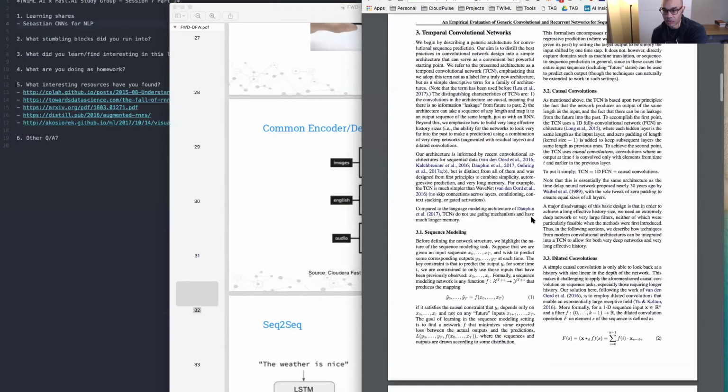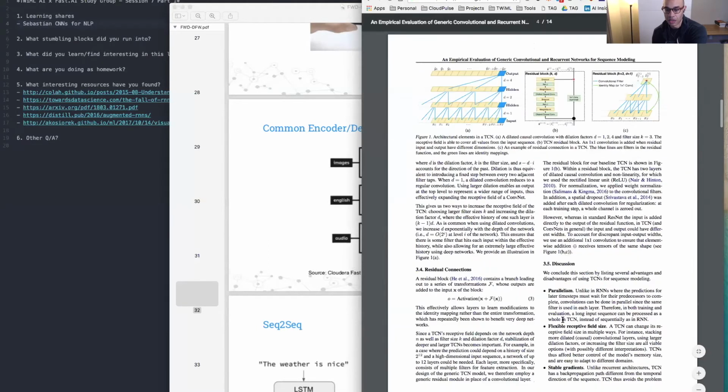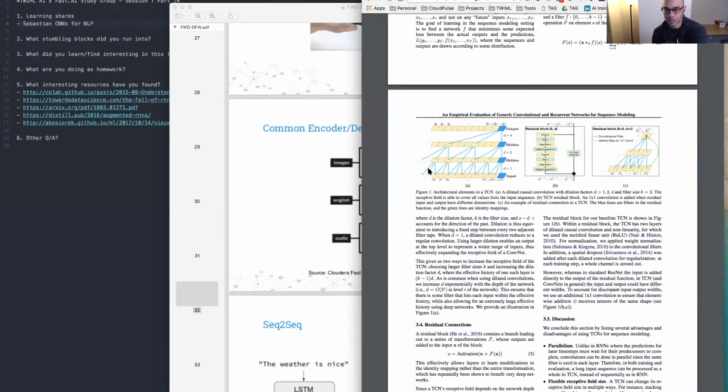They talk about the different types of temporal convolution networks, causal, dilated, and other things. This image here, again, this is all me scanning this, looks a lot like what I've seen with Google's WaveNet, the way that that's represented.